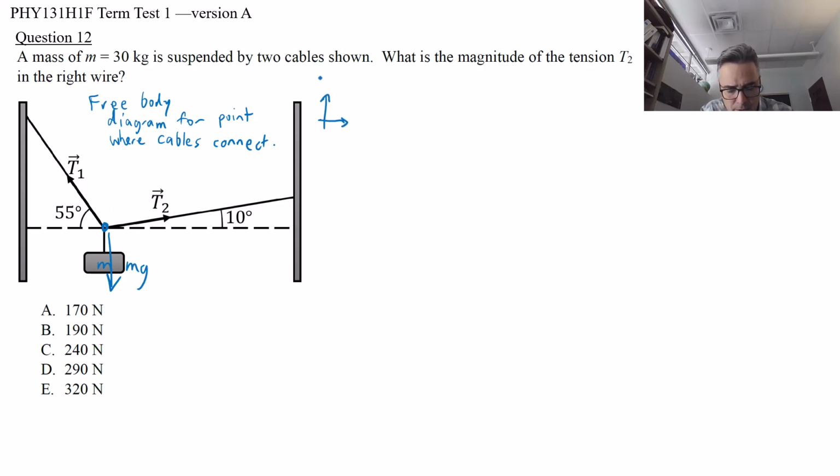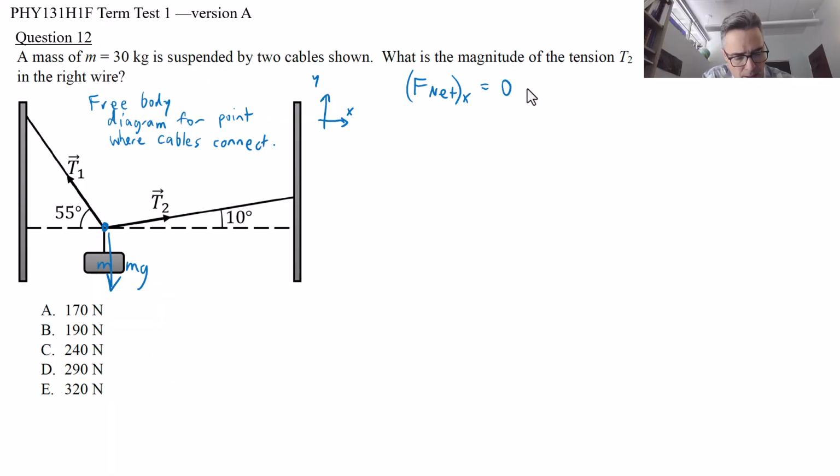So what I'll do is I'll define y to be up, x to be to the right, and we'll say that the net force in the x direction on that point is equal to 0. And that's equal to, if you look at this, it's going to be T2. We're going to call 10 degrees theta 2, and we're going to call 55 degrees theta 1, for T1.